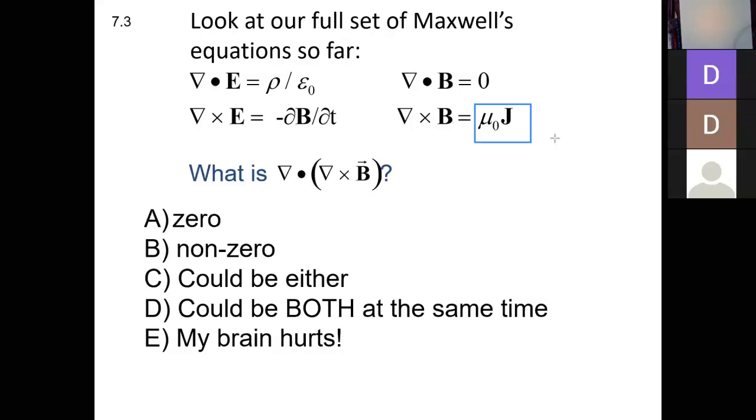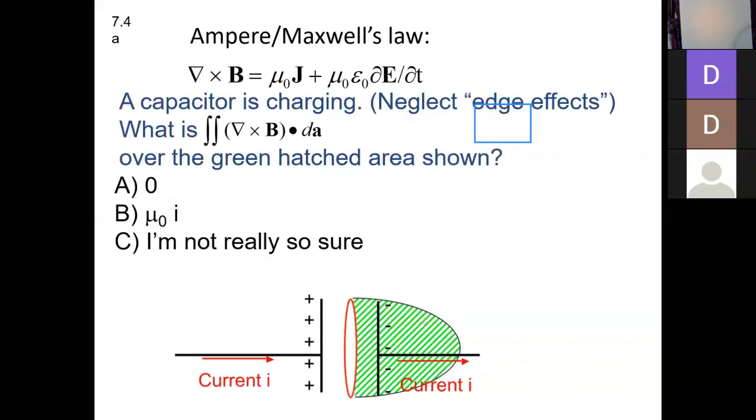And so the idea is Maxwell's equations have to handle an event when J is not 0. And one of those events deals with this question. Okay.